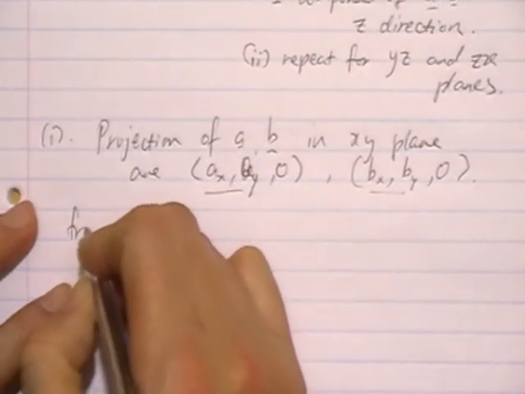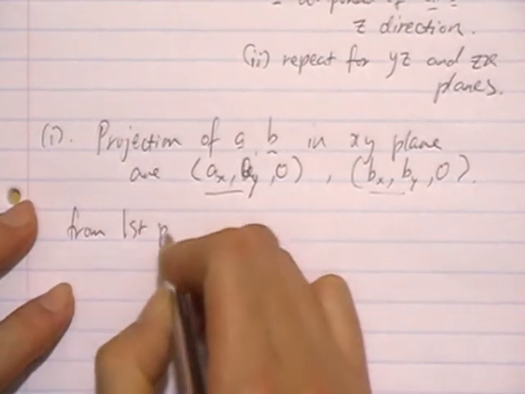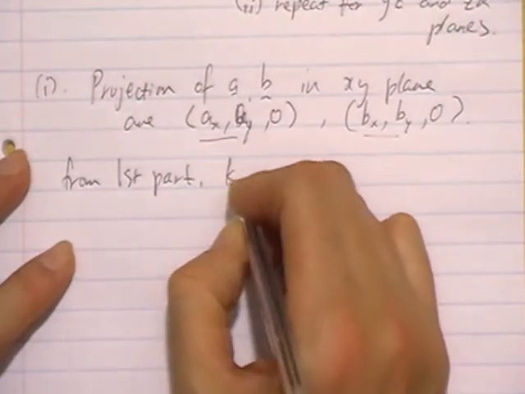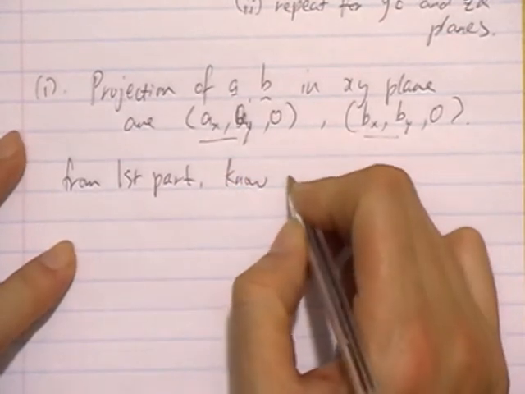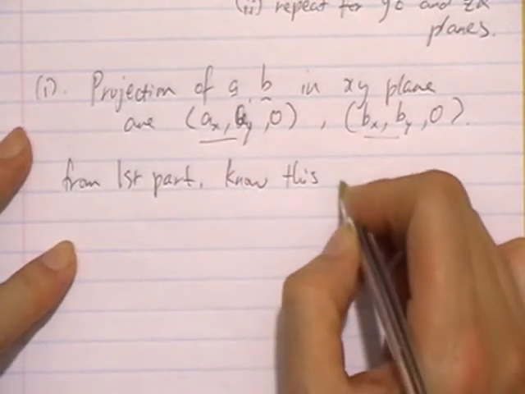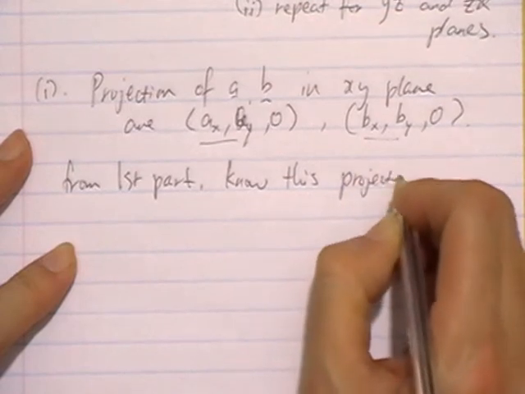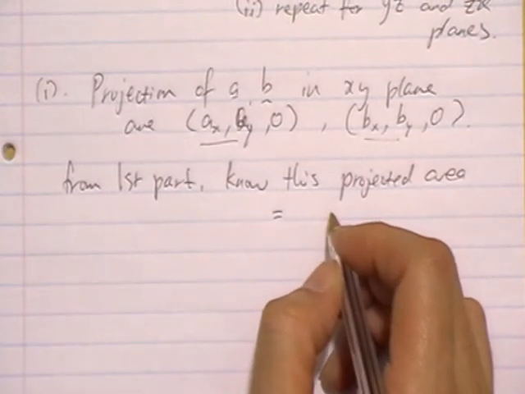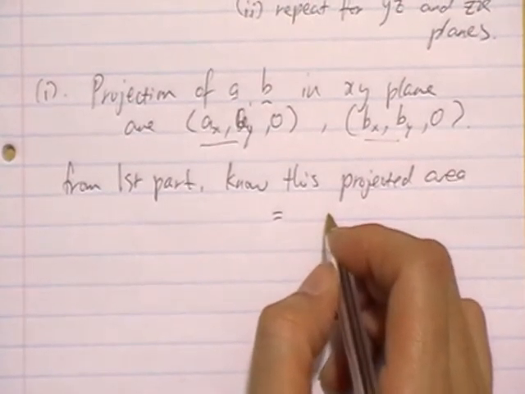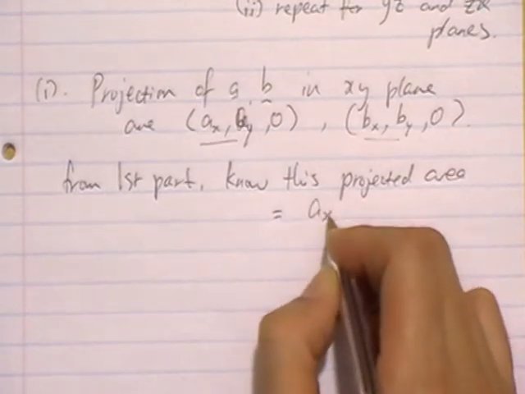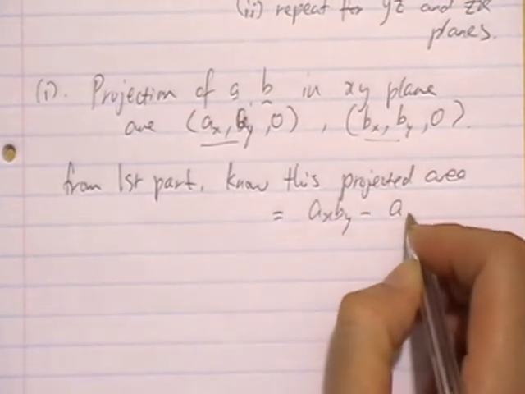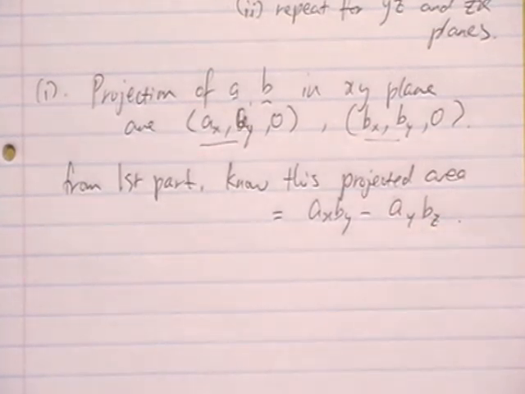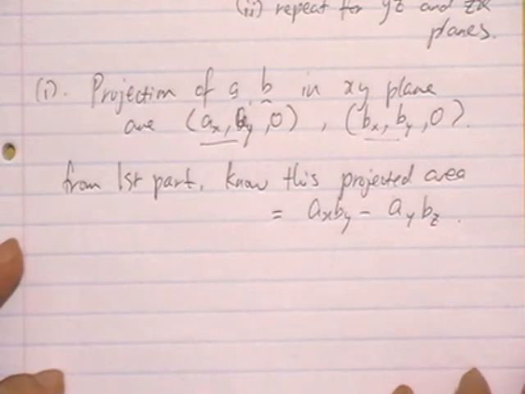So from the first part, we already know that this projected area is equal to AX BY minus AY BX. So we already know this. So that's the projected area.